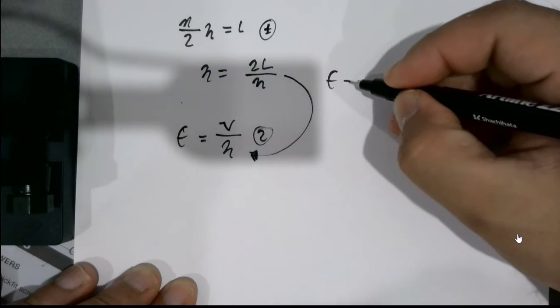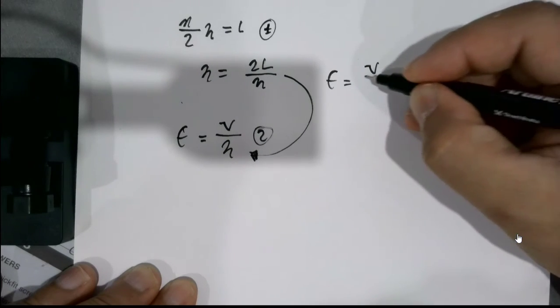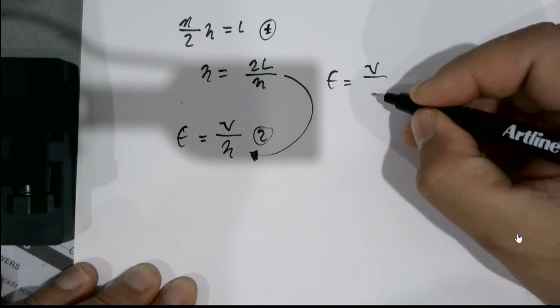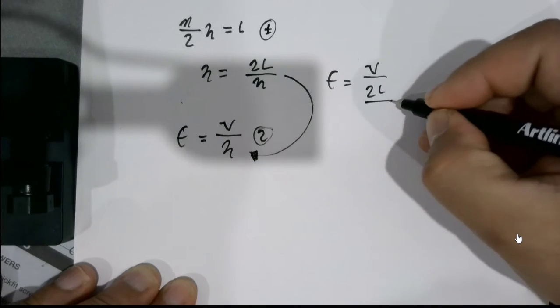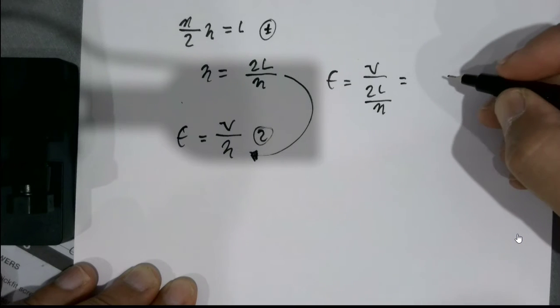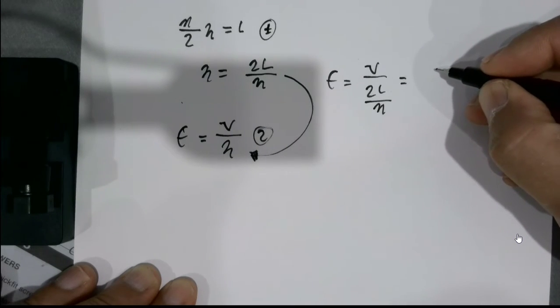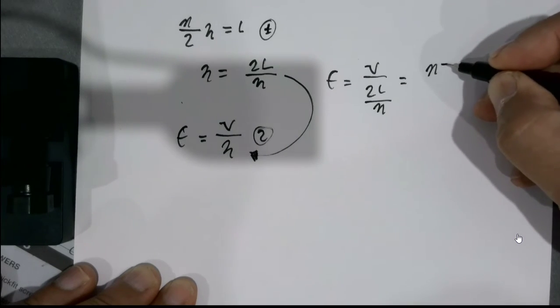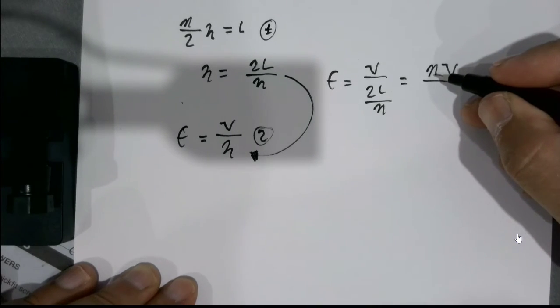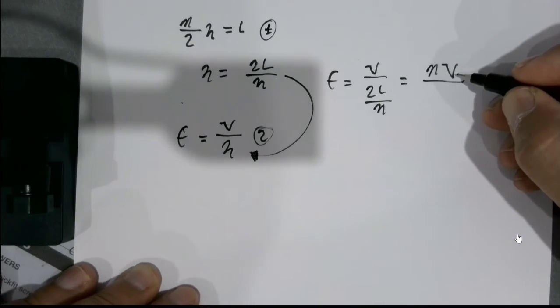So we find that frequency is equal to the speed of sound divided by twice the length of the pipe divided by the harmonic. We find out that this is equal to the value of the particular harmonic multiplied by the speed of sound over twice the length.